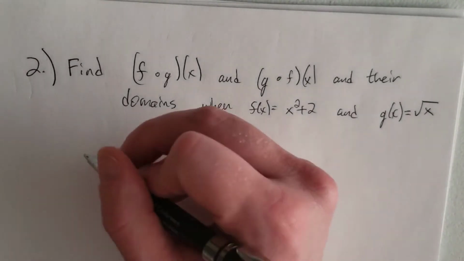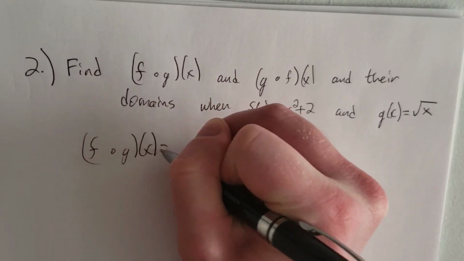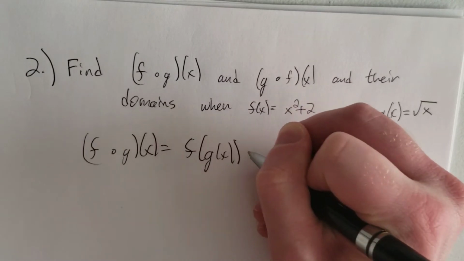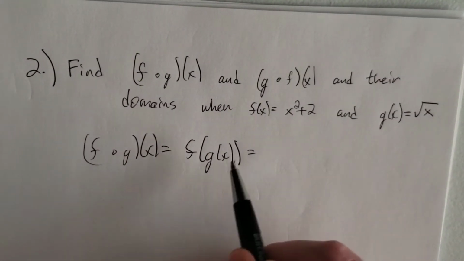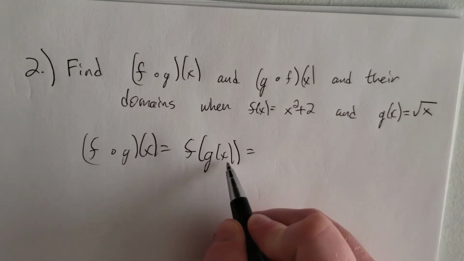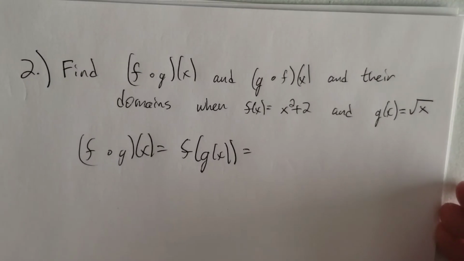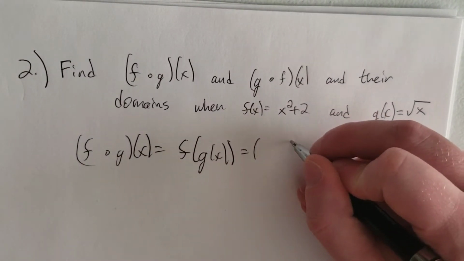So to do this, f composed with g of x can be written as f of g of x. And if we use this notation, this represents exactly what we want to do. We want to plug in g of x into the function f. So let's do that. Our function f was x squared plus 2.